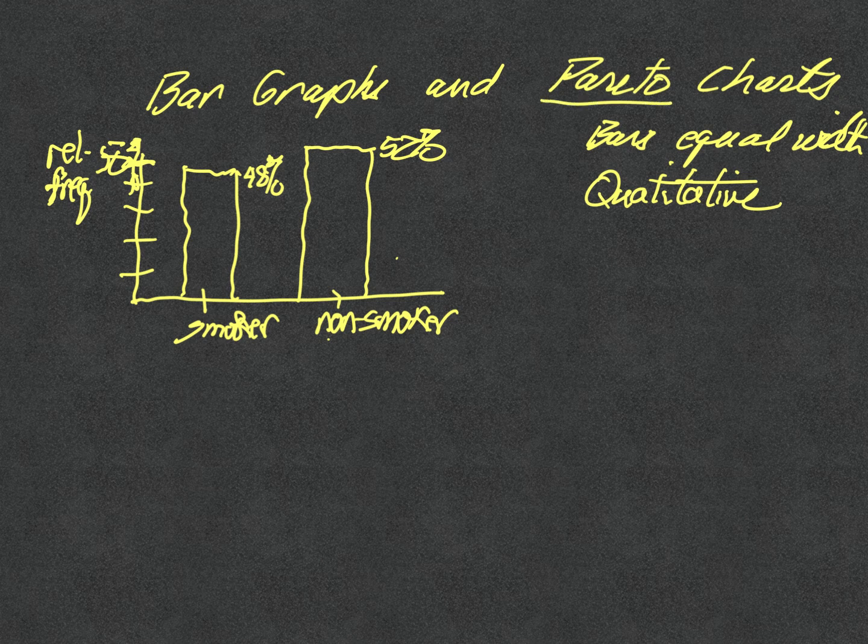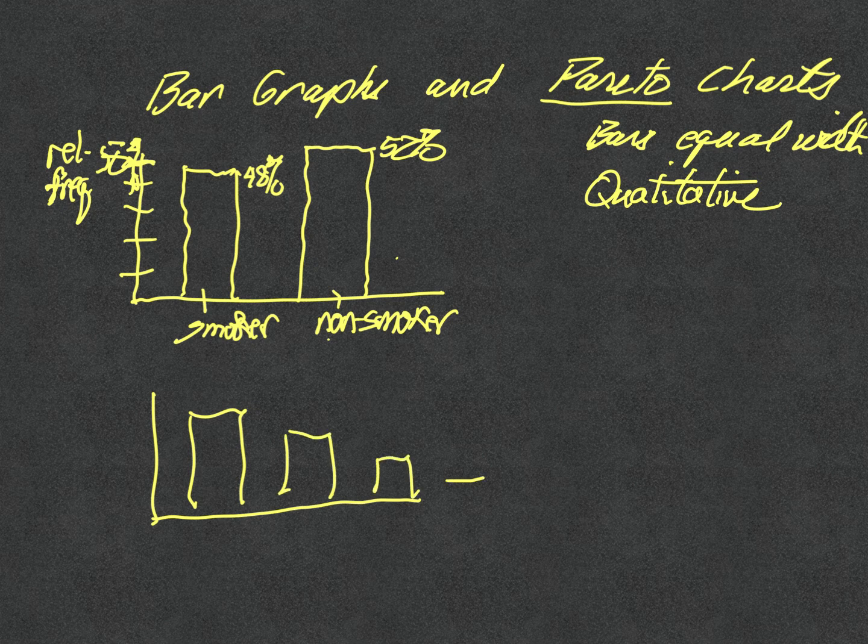Now, what's a Pareto chart? A Pareto chart is essentially a bar graph, but when you make the bars for the categories, you put them in order from largest to smallest. And that's pretty much it.